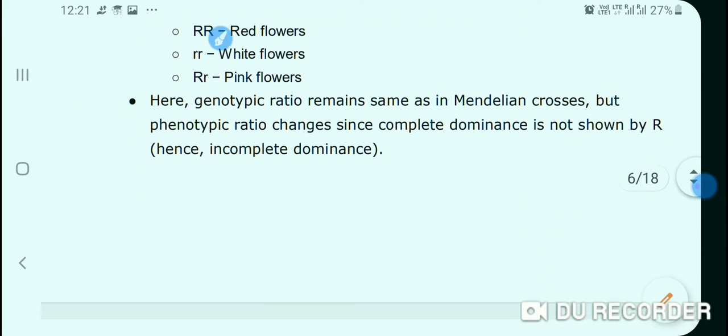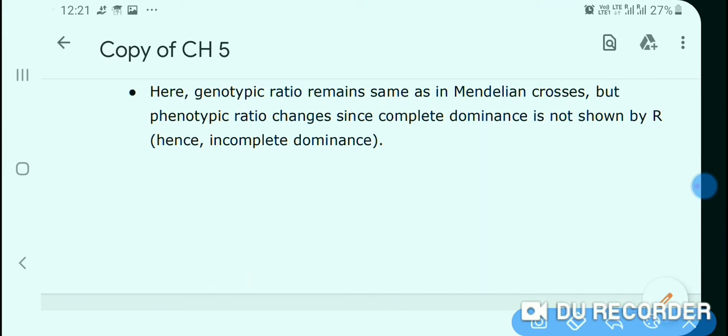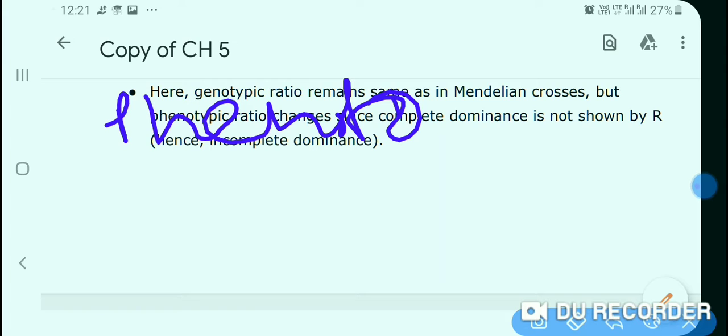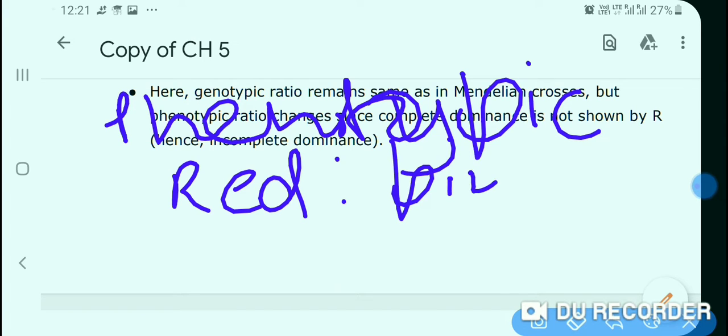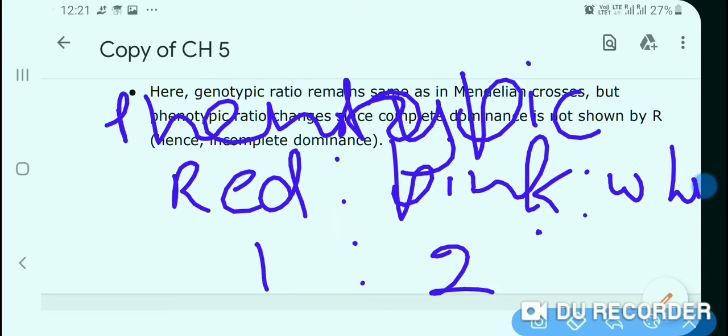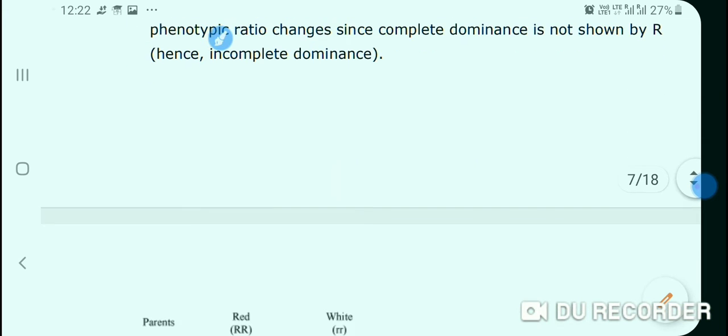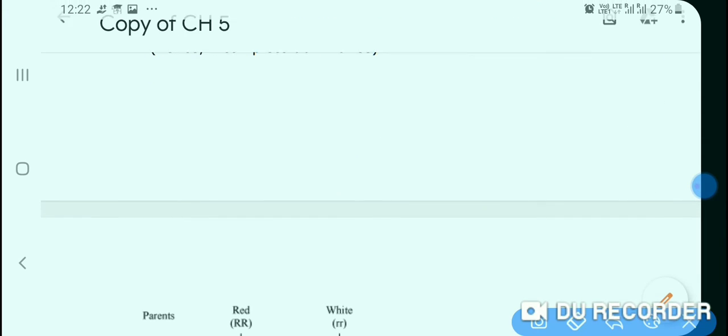What would the phenotypic ratio be? Let us see the phenotypic ratio. One is red, two are pink, and one is white. So the phenotypic ratio is 1:2:1. And what about the genotypic ratio?